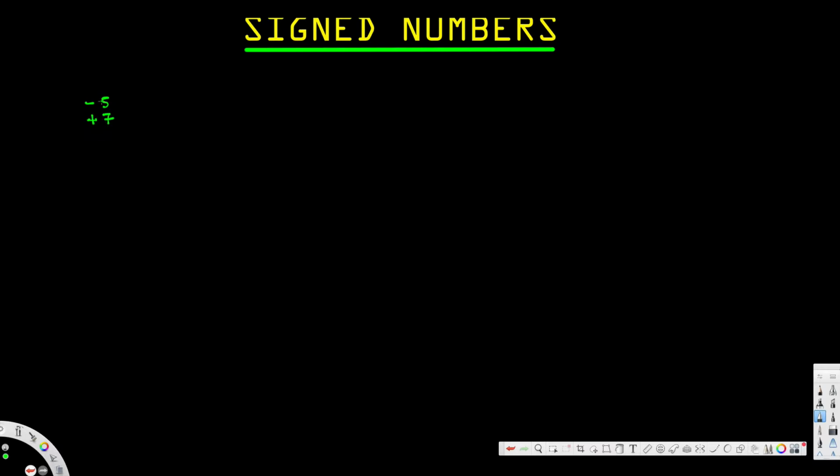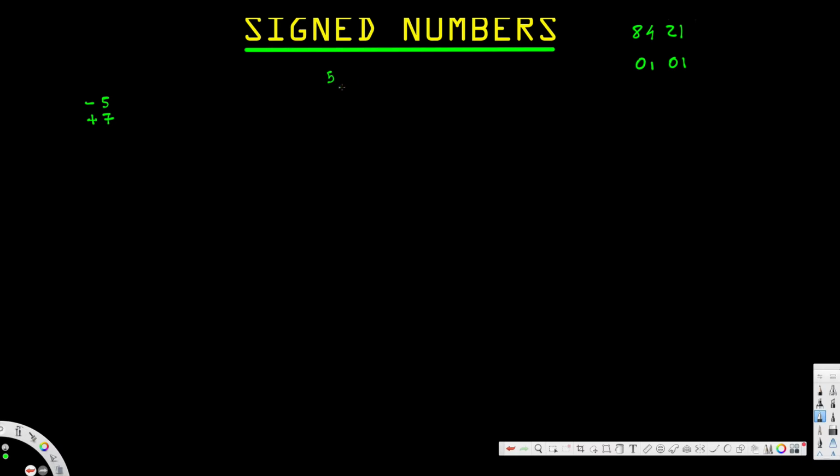For -5, we have to convert it into a signed number, so we have to write the 2's complement of it. This is going to go 1 2 4 8, so 5 is equal to 0 1 0 1.